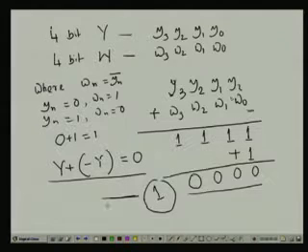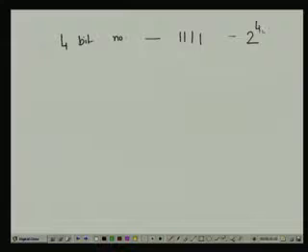Then what can we call this now? See that this all 1s, say if I define it this way, for a 4-bit number, this all 1s is actually 2 to the power 4 minus 1.